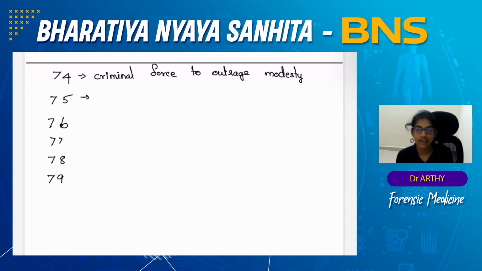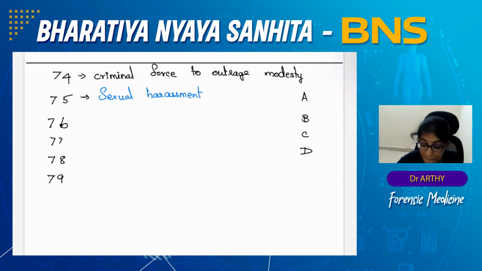Now, 75 onwards, let's remember it with the A, B, C, D that we study. A for harassment, sexual harassment. B for bare.